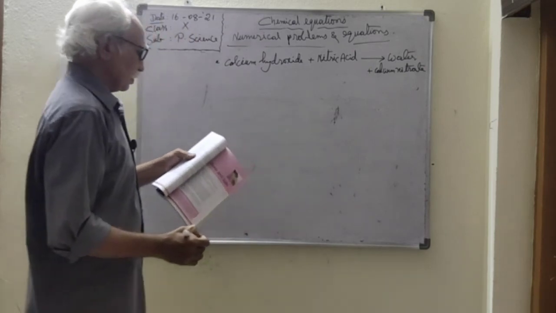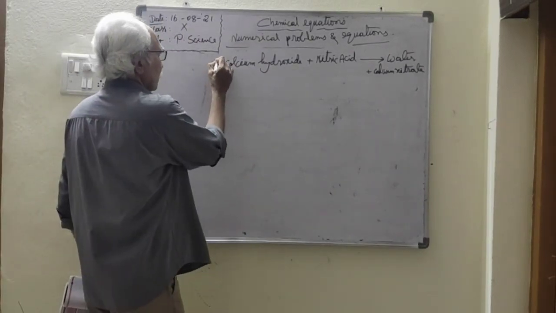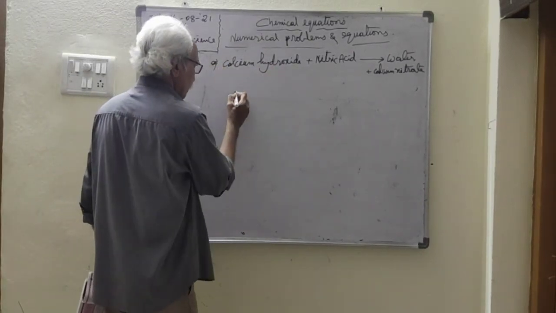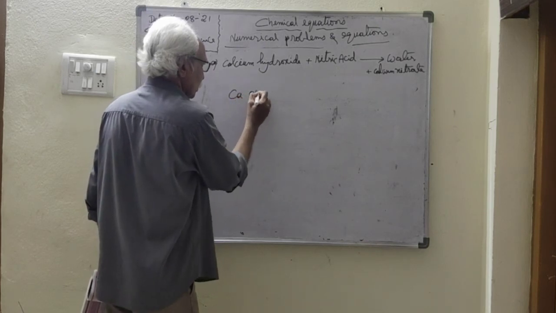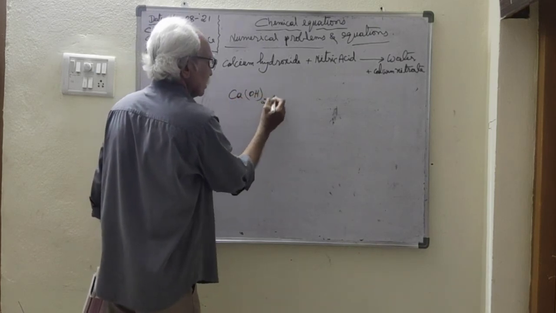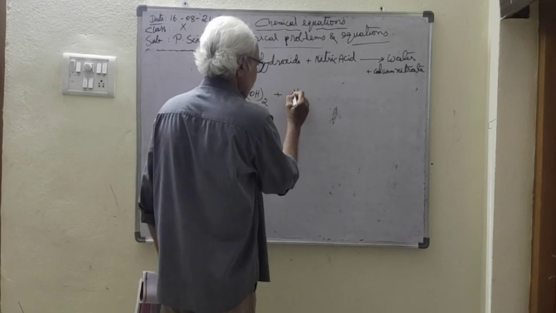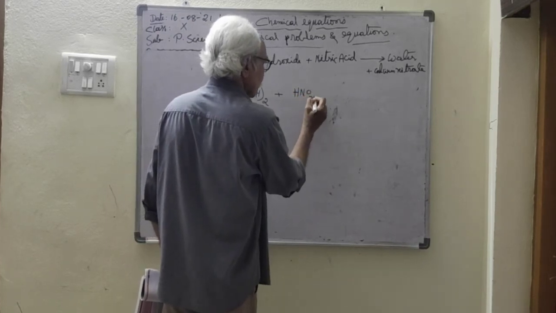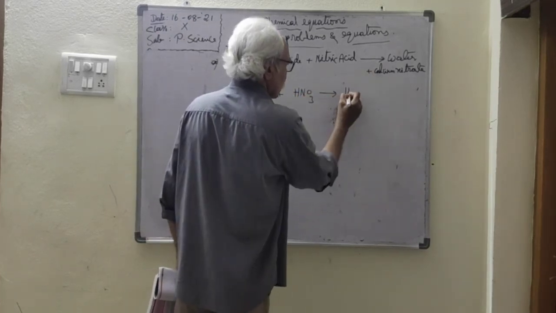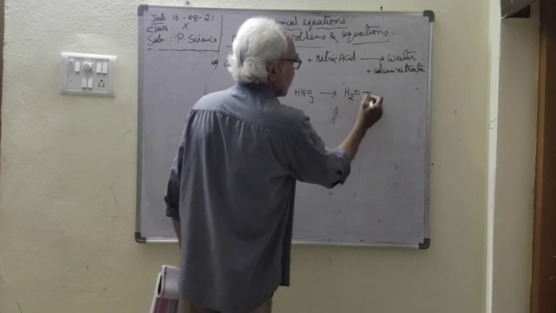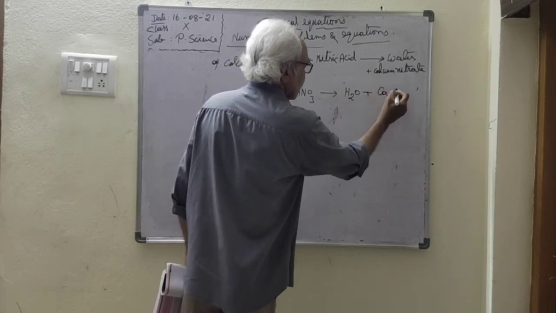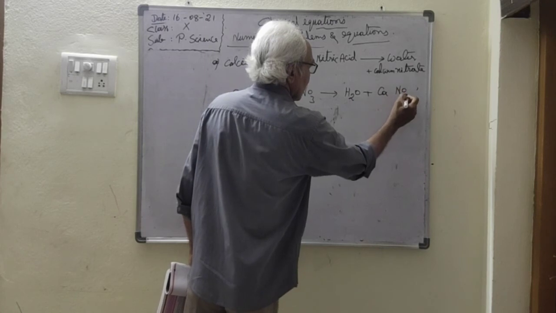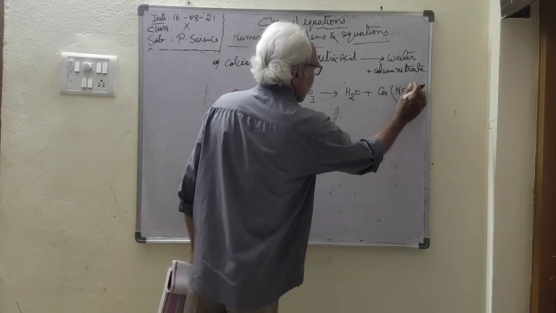So in this equation, first you write calcium hydroxide, Ca(OH)2, plus nitric acid, HNO3, gives rise to water, H2O, plus calcium nitrate, Ca(NO3)2, taken twice because of the calcium valence.